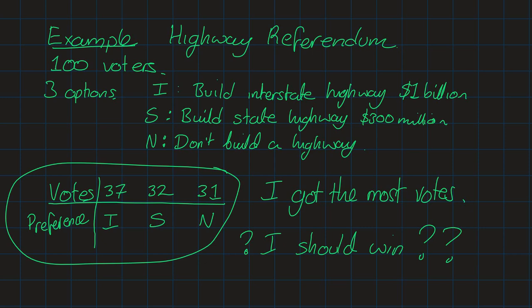But maybe now let's suppose that you decide that you want more information. Instead of just asking the electorate to vote for their top choice, now you're going to ask the electorate to completely rank their preferences. So instead of just saying I want I as my top preference, you want them to tell you their top preference, their second top, and their least preference.